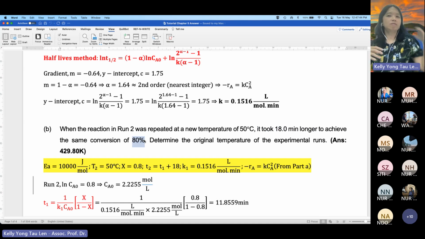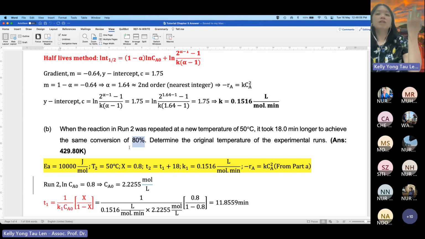So you remember soalan tadi kata we run in a batch reactor. So bila saya run pada suhu baru 50 Celsius, masa tindak balas saya menjadi 18 minit lebih panjang. So maksudnya katakan originally pada suhu T1 yang saya tak tahu tu, it takes me 20 minit to achieve 80%.